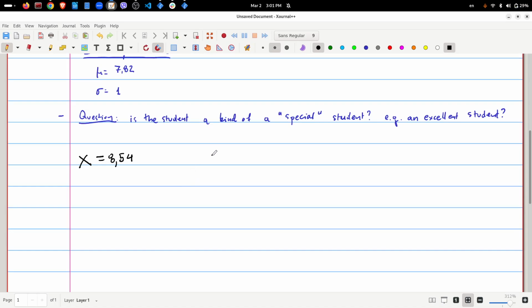And also I have a theoretical distribution, this one, with mu 7.82 and sigma equals 1. Let's suppose that this is a Gaussian distribution. So let's say that this follows a normal distribution with these parameters.